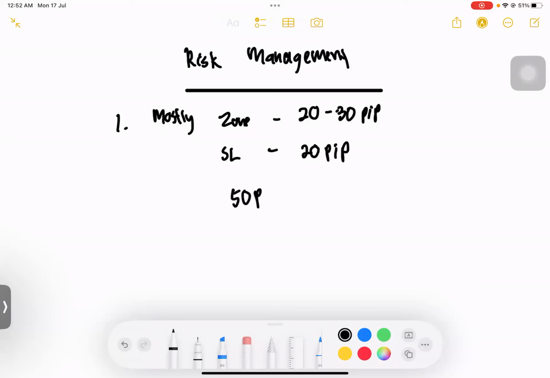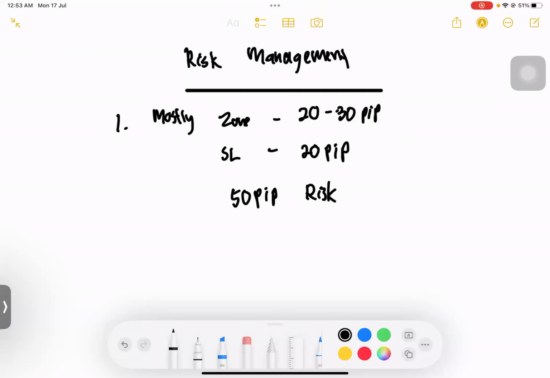Okay, I was talking about the maximum pips I will risk. We just calculate it as a maximum. The maximum pips we will risk is 50 pips per setup. Sometimes we get a small risk, sometimes a bigger risk, but I will let you guys know the maximum risk.